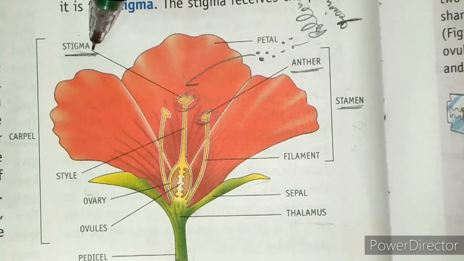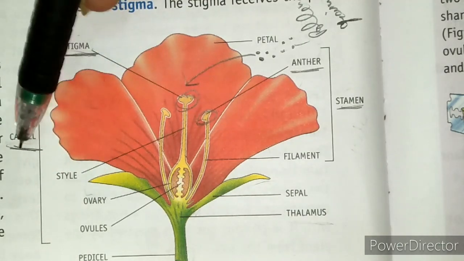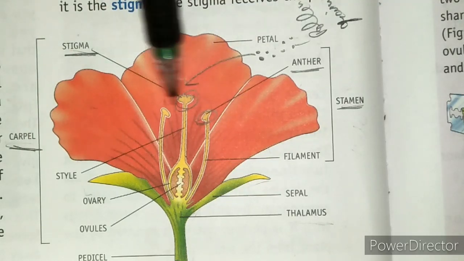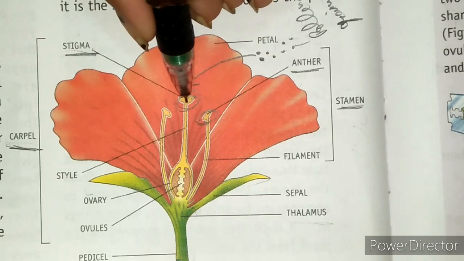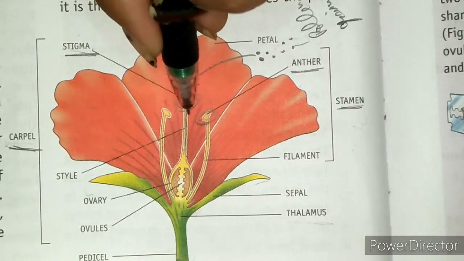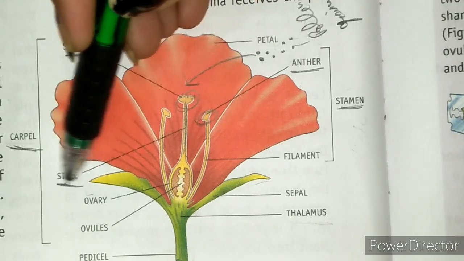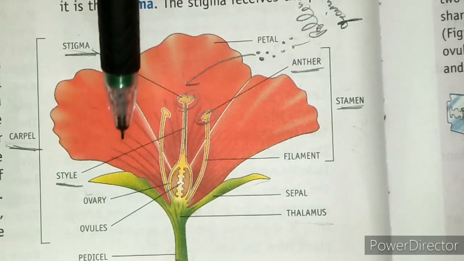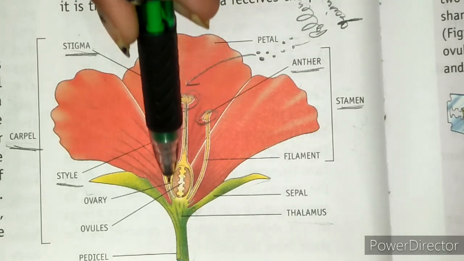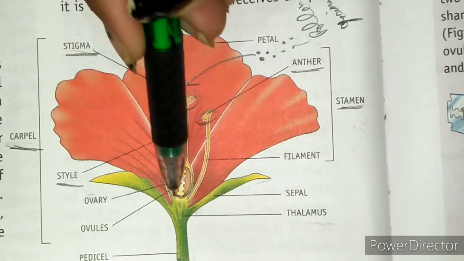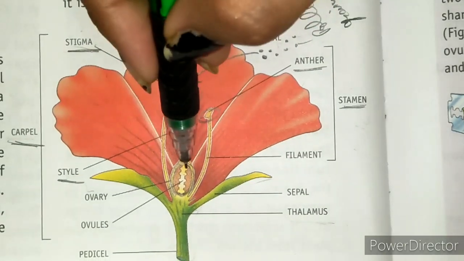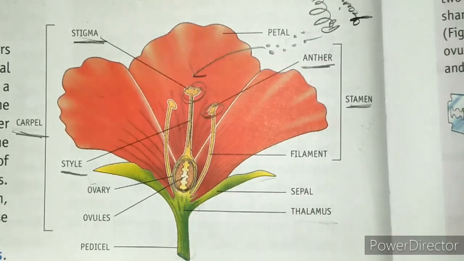It is the part of the carpel. Here these pollen grains stick to the stigma and afterwards go down through a pipe-like, tube-like structure known as style. Afterwards these pollen grains go to the ovary portion where ovules are present, and fuse with the ovules present in the ovary.